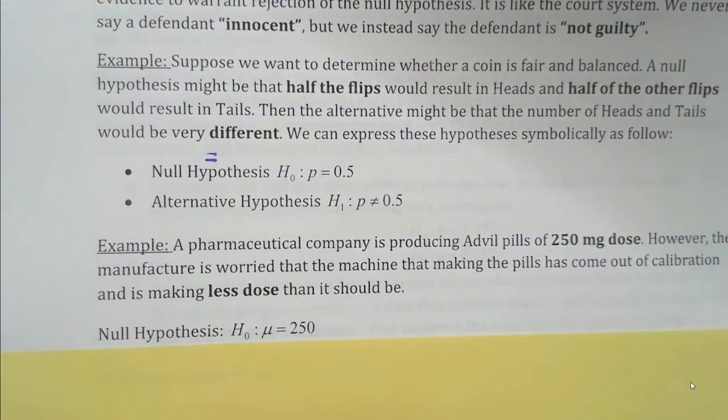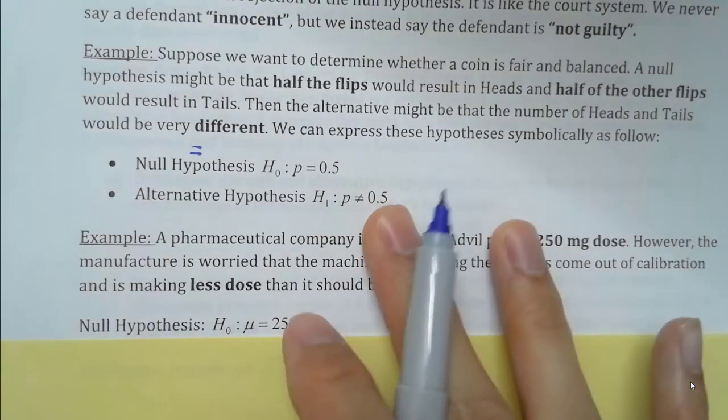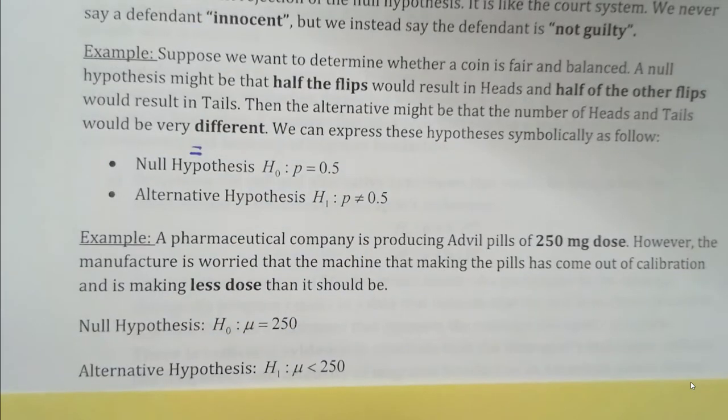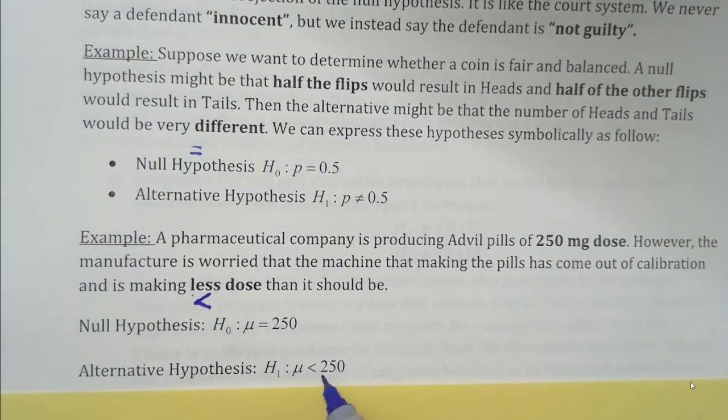So under normal circumstances, the mean should be equal to 250 mg. If nothing has changed, if nothing is affecting the system, then this is the normal case. However, now there's a claim that maybe it's less than. So the mean now is less than 250.